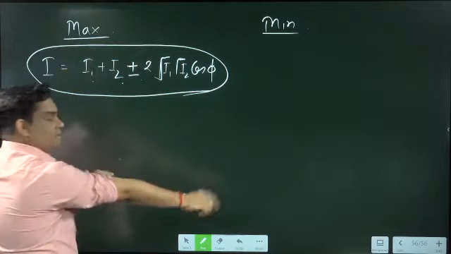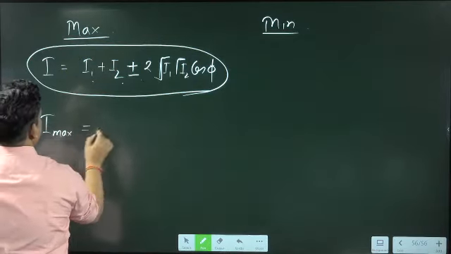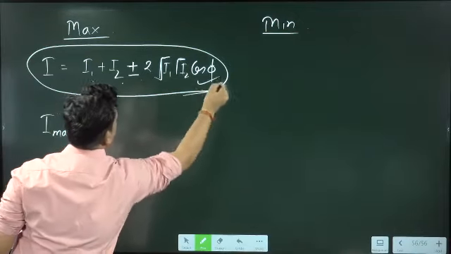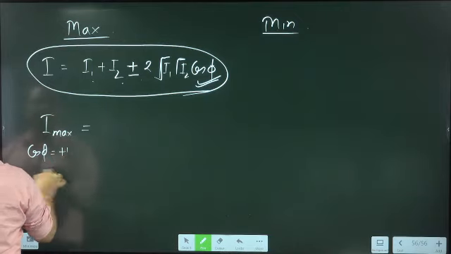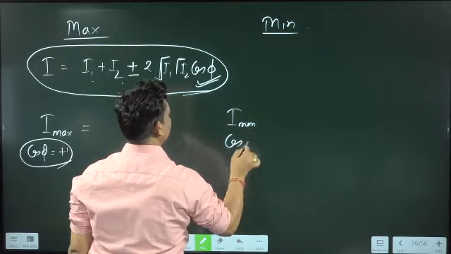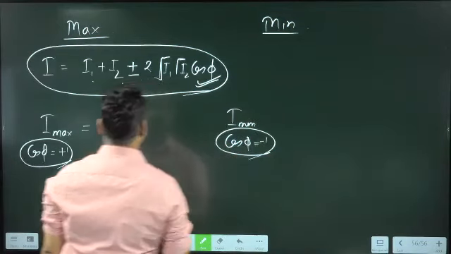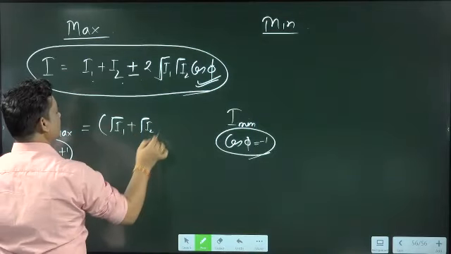Now in this one, I max means when cos phi will be plus 1, and I min means cos phi is minus 1. So we get I max equal to root I1 plus root I2 whole square.